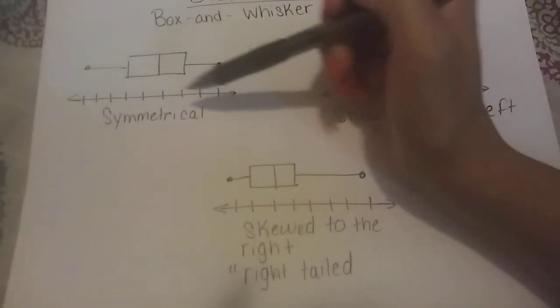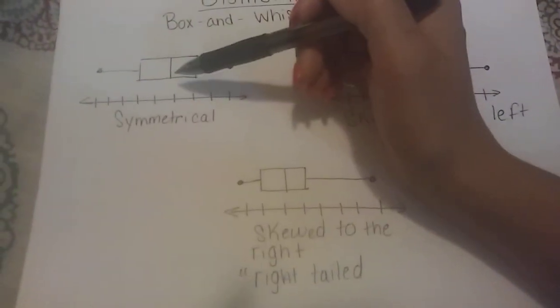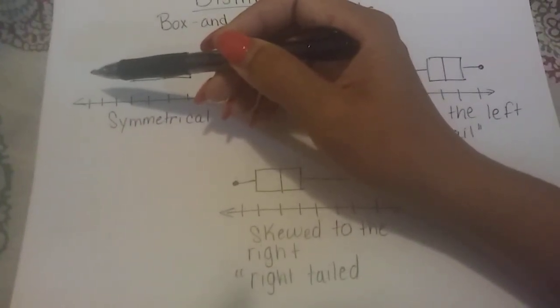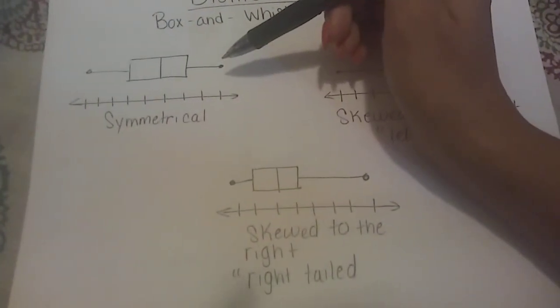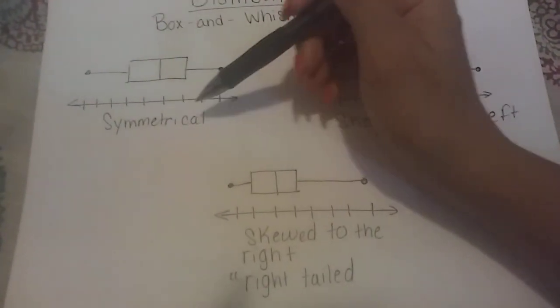If you see a box and whisker plot that looks like this, where the box is halfway in between the number line and the minimum number is about the same distance that the maximum number is away from the box, then that's called symmetrical. Well, it's approximately symmetrical.